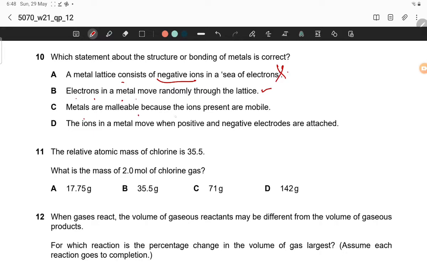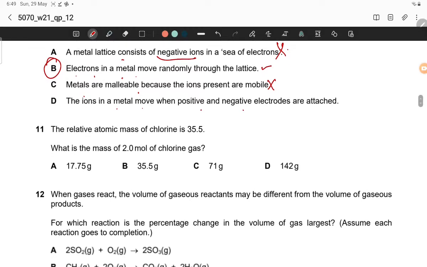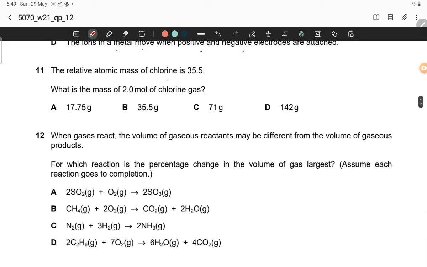Metals are malleable because the ions present are mobile. The ions in the metal move when positive and negative electrodes are attached. So electrons in a metal move randomly through the lattice. B must be correct.